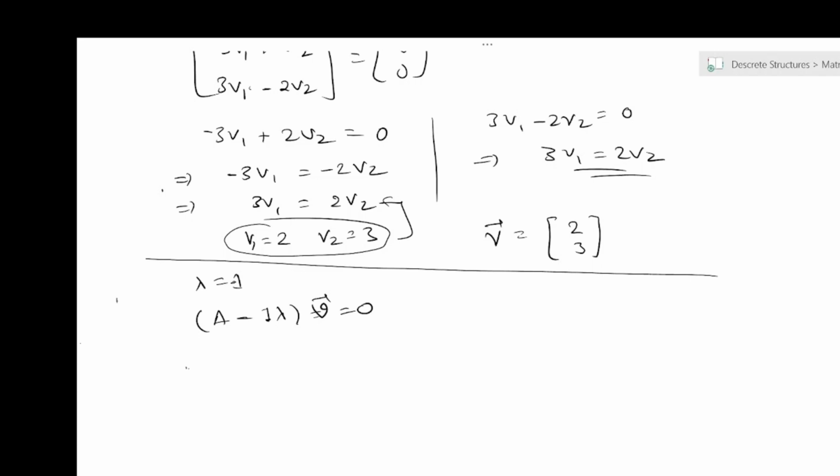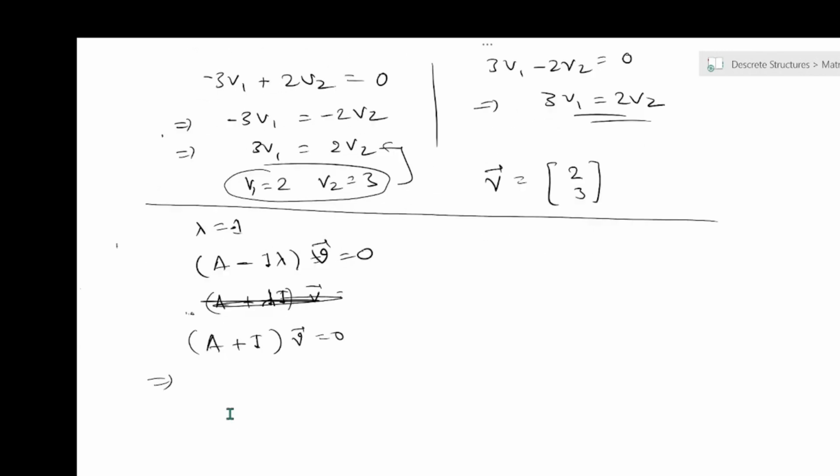Since lambda is minus 1, it becomes A plus I times the vector is equal to 0.